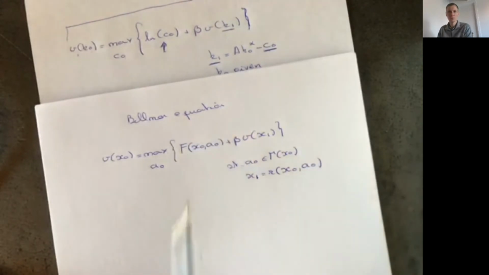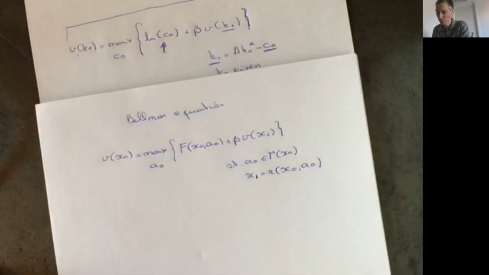So this is the general form of the Bellman equation, and this is for the optimal growth model. Okay.